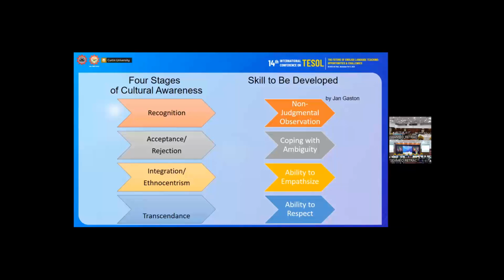And when it's positive, students move toward biculturalism and they take on some of the characteristics of the new culture. They learn the language and they develop feelings of empathy. And the next one is transcendent, where we value our own cultural roots and other cultures as well. And we become citizens of the world.